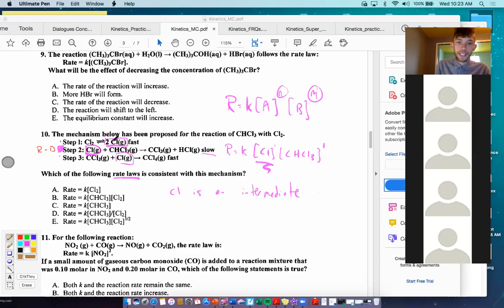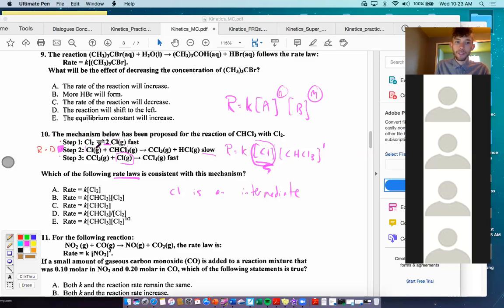So if this step produces 2 moles of Cl, and I know my rate law just needs 1 mole of Cl because it's got to follow the stoichiometry of this rate determining step, then I know that my rate law is going to correspond to me replacing this with this, but I just need half of this step, don't I?